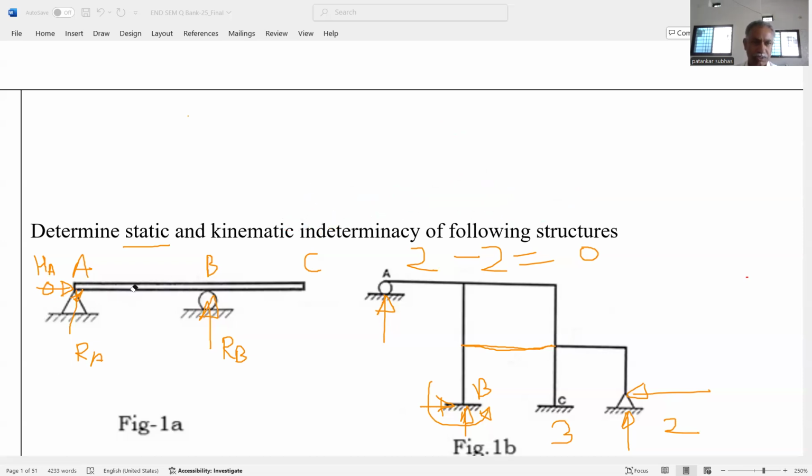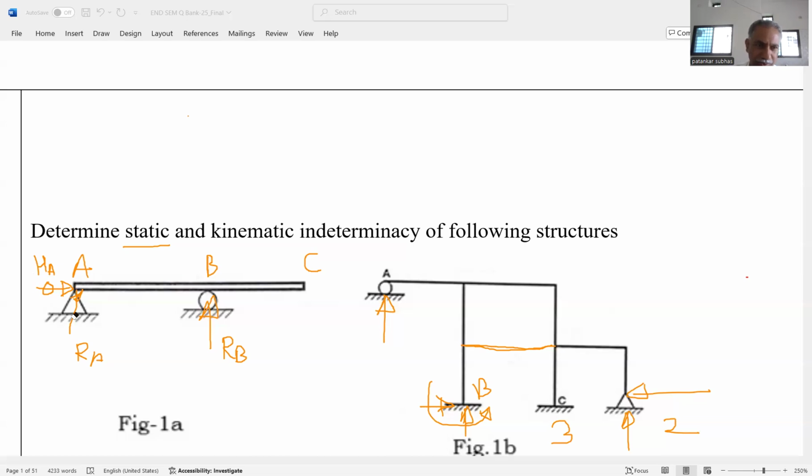So here, in case of the beam, we can say that at support A there are two reaction components. That's why in this direction, the beam cannot move, or we can say that the support A cannot move in this direction and vertical also.